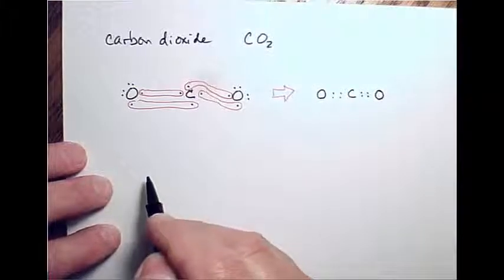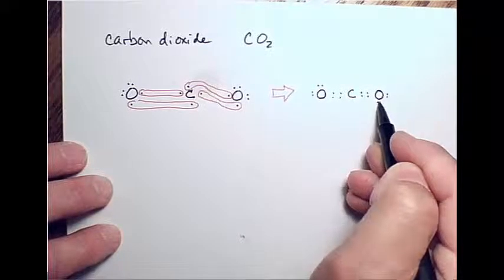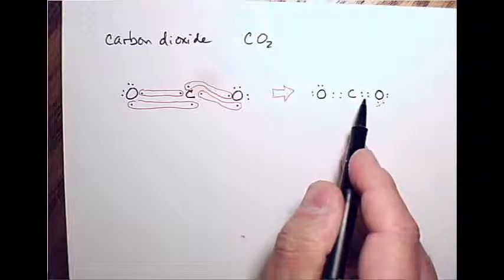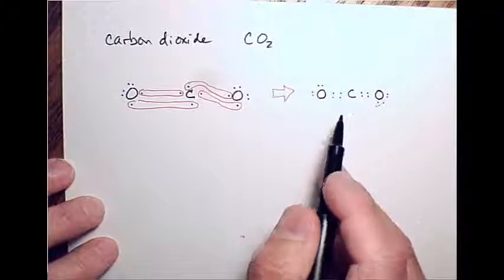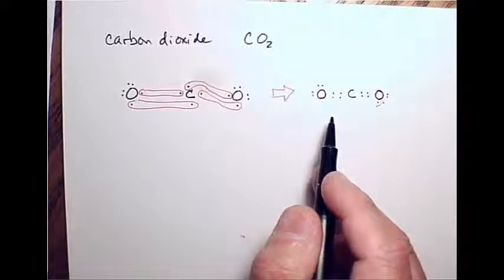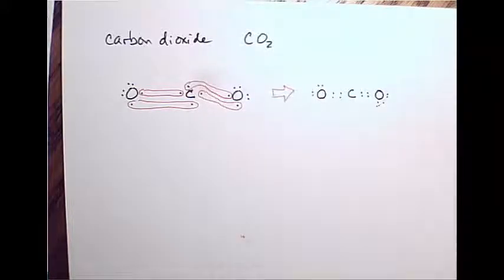And over here on this side, they're put between the carbon and the oxygen in the same fashion. And the remaining electron pairs get left over here on the sides where they belong. Lone pairs, here and here, and now we've got a double bond. 2 shared pairs making a double bond.